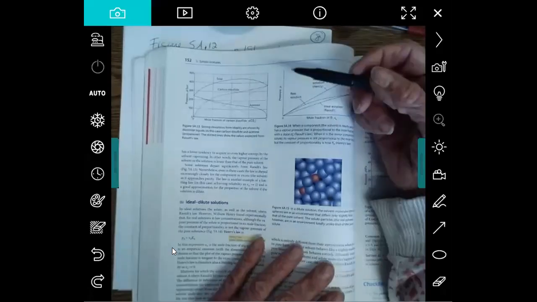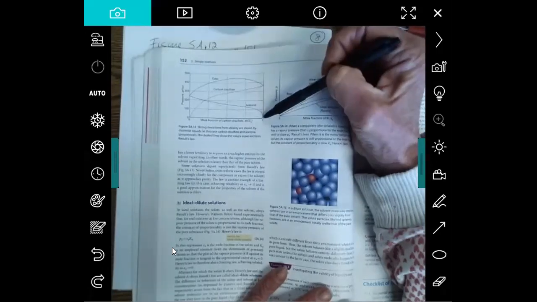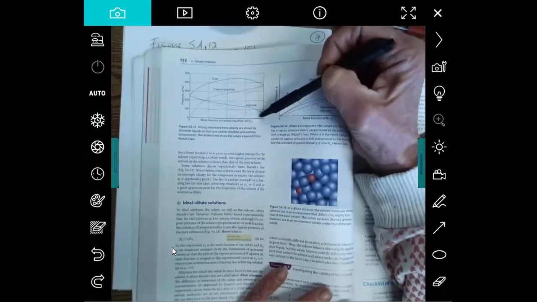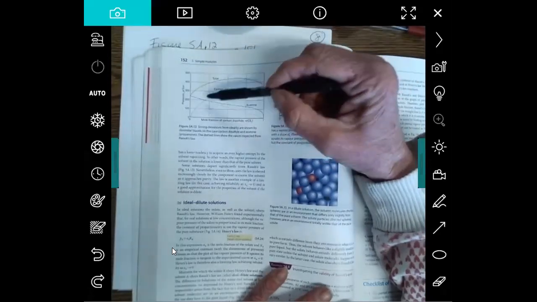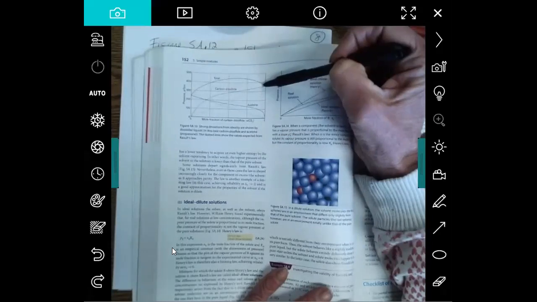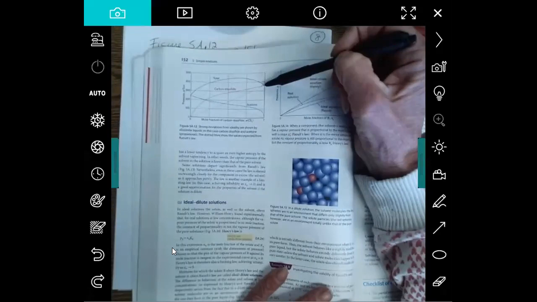If you look on page 152, the gray lines are showing you what Raoult's law would show you, that it's a linear change. But experimentally, carbon disulfide has a higher pressure than would be approximated with Raoult's law, and so does acetone. So overall, the total pressure is higher. That's a solution that has more repulsive terms with each other than they did alone. So carbon disulfide and acetone have less favorable interactions.